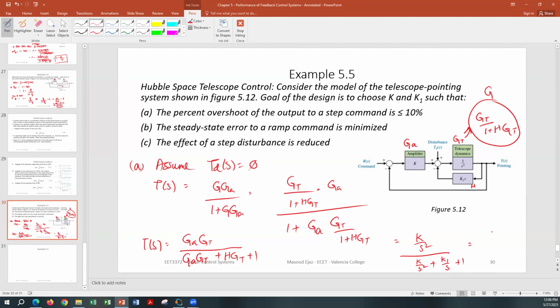So when you simplify this, we're going to be left with K over S square as the common factor, which will be cancelled out by this S square. So that's going to be K over S square plus K1S plus K. That's my transfer function.